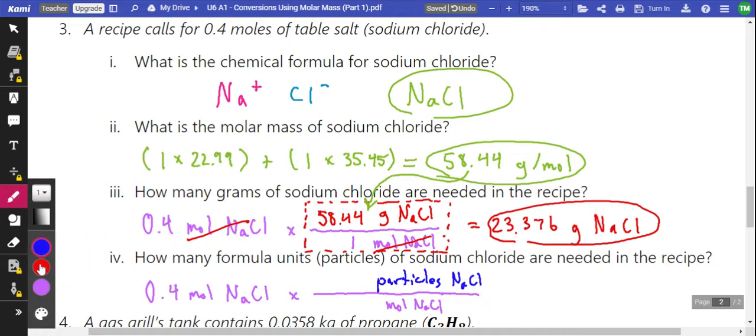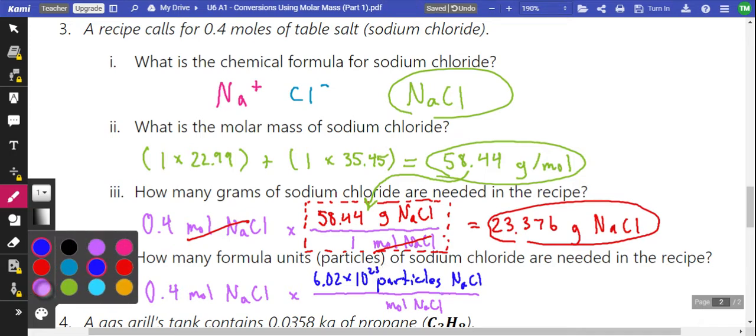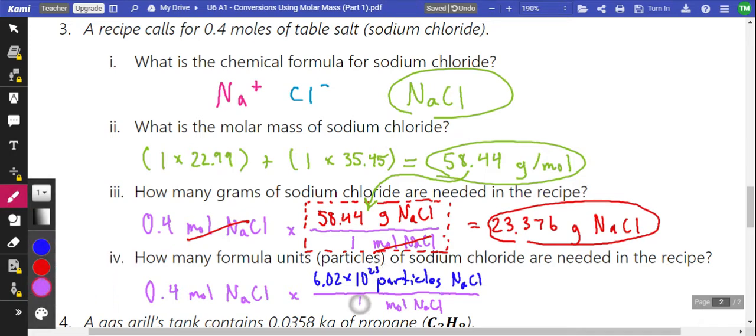There are 6.02 times 10 to the 23rd particles of NaCl in 1 mole of NaCl particles, and 1 mole of NaCl formula units.